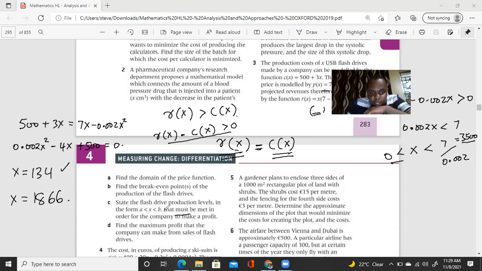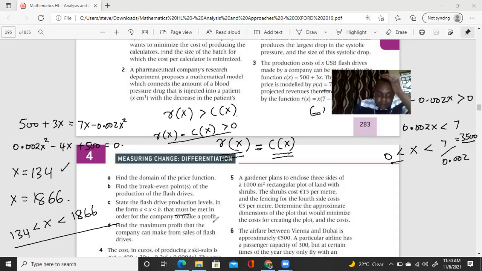So for us to make profit, we need the number of our flash drives to be in between 134 and 1866. Yeah, because we are just going to repeat the same process, but now instead of the equal sign, we are going to have the greater than sign. Right.